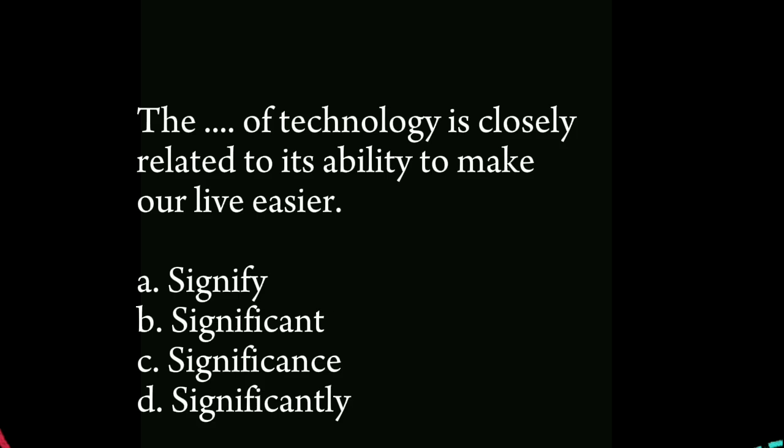Next question. The blank of technology is closely related to its ability to make our lives easier. A. signify, B. significant, C. significance, D. significantly. In the example, we need a noun that will function as a subject in the sentence. The word signify contains the suffix "ify", which is usually found in verbs.